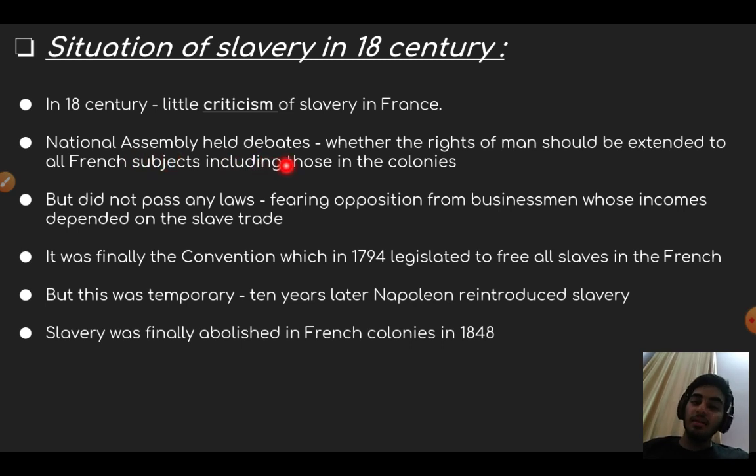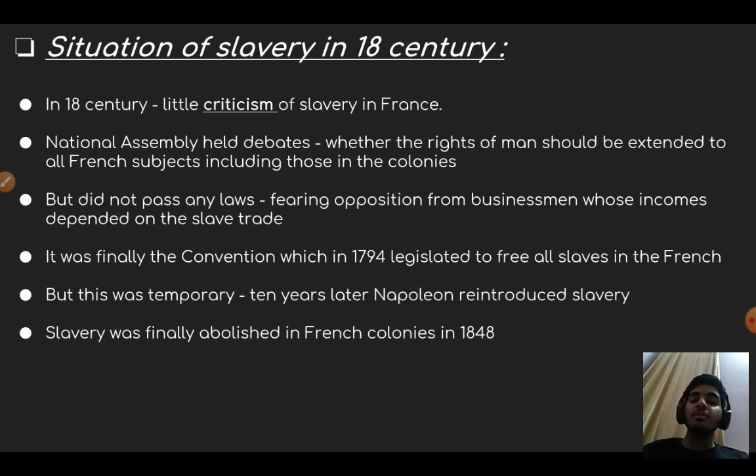The National Assembly held debates about the rights of people, whether the rights of men should be extended to all French subjects, including those in the colonies, but it did not pass any laws. They only held debates, fearing opposition from businessmen whose income depended on the slave trade.